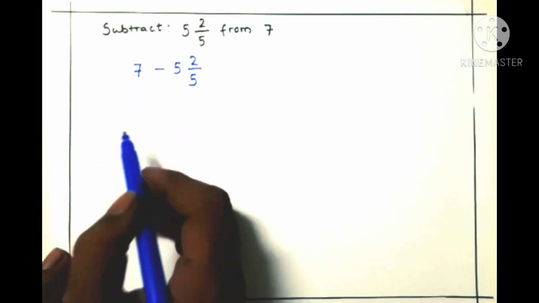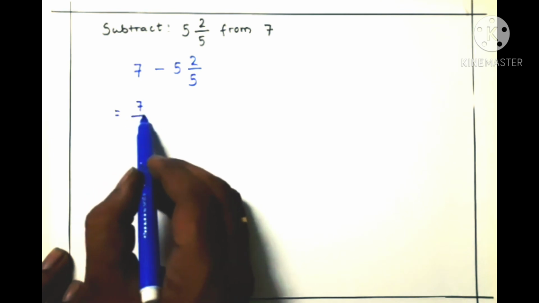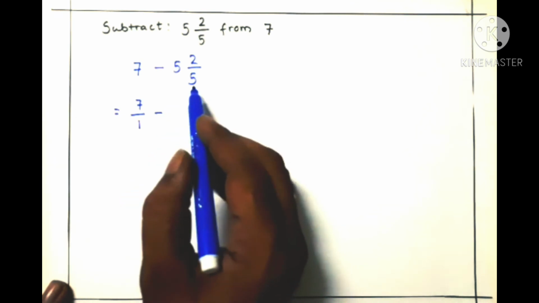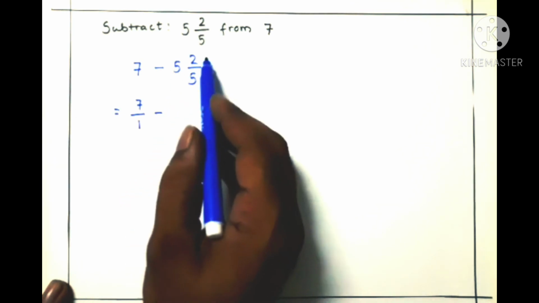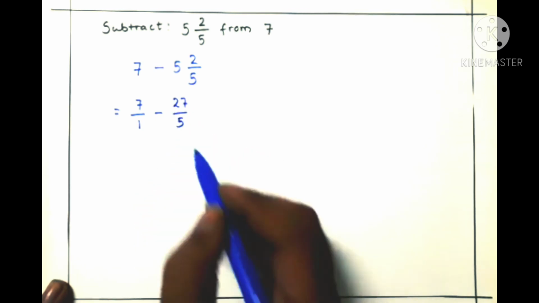Now what about the whole number? The whole number 7 can always be written as 7 by 1, because anything you divide by 1, the value does not change. So 7 can be written as 7 by 1 in the form of fractions. Minus 5 5s are 25, 25 plus 2, 27 by 5.